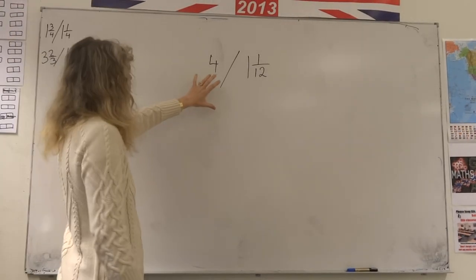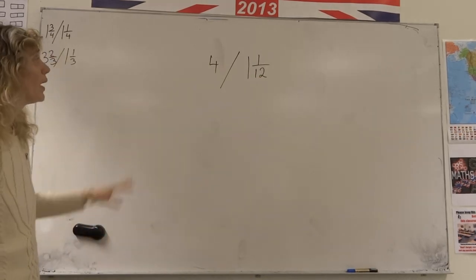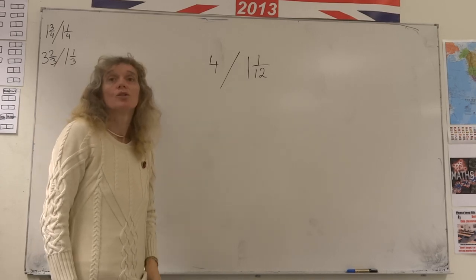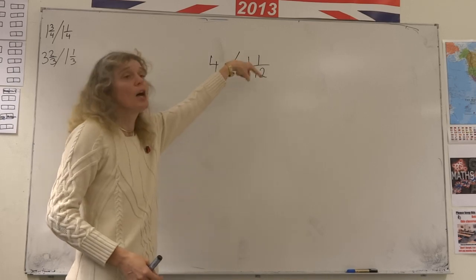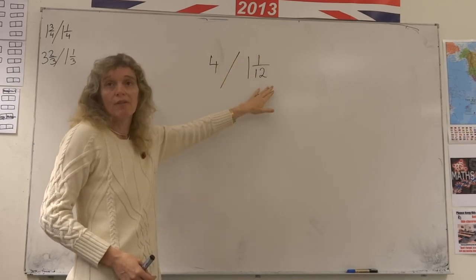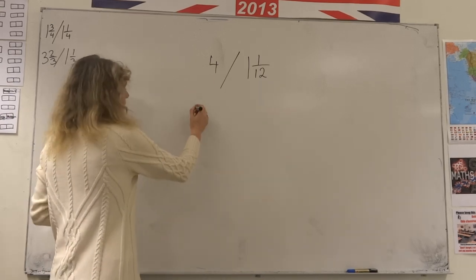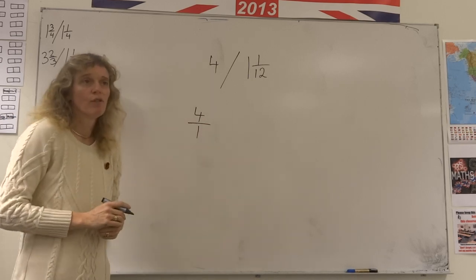Okay, if we would like to divide with mixed forms of fractions, what do we have to do? Again, we have to change the fraction into top-heavy fraction form. Top-heavy fraction means you've got a larger number on the top than you have on the bottom. So here we have the number 4, which is the same as the fraction 4 divided by 1.